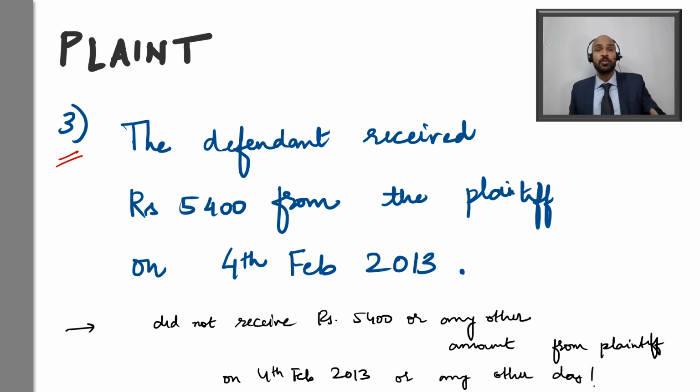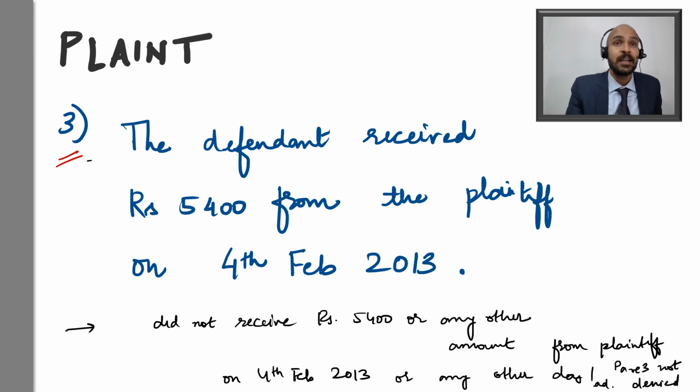So when you respond to it like this, you then go on to say that therefore para number 3 is not admitted, and it is denied. Now this is the right way of denying an averment in the plaint.